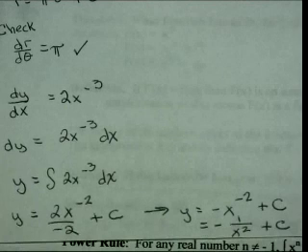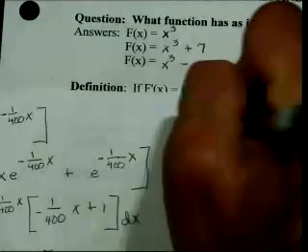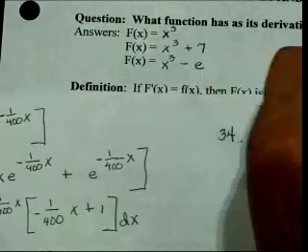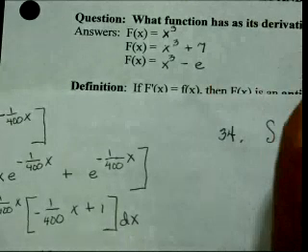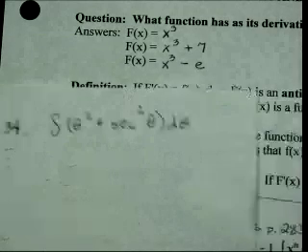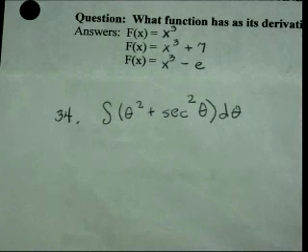What about, let's skip all the way down to 34. That d theta is just telling me my variable of integration.